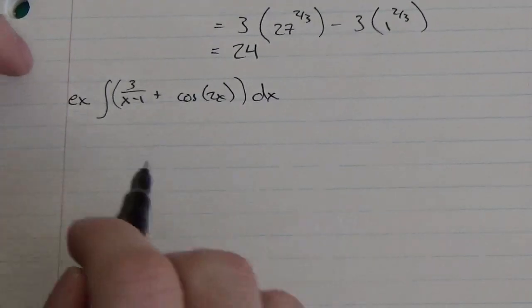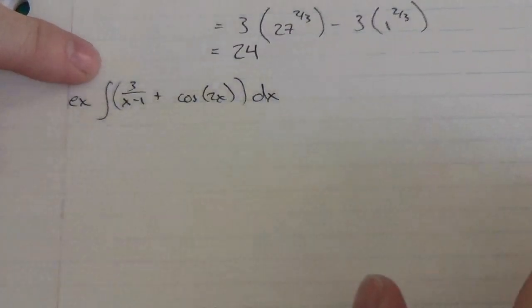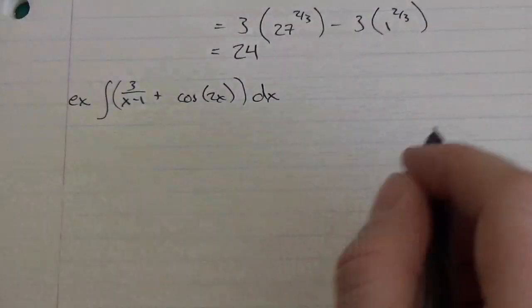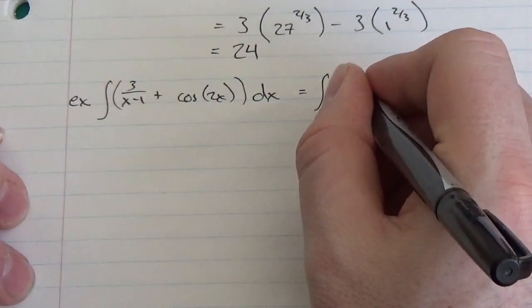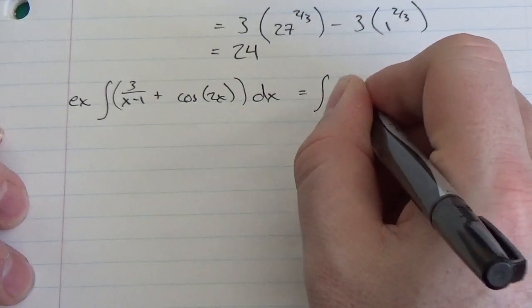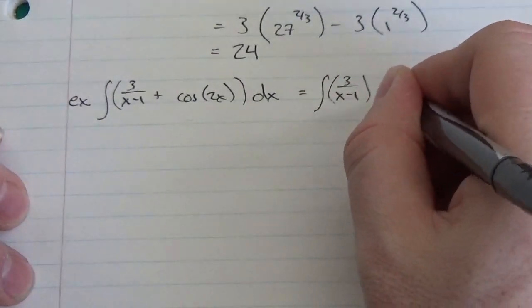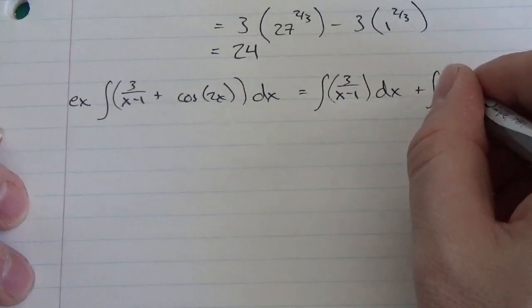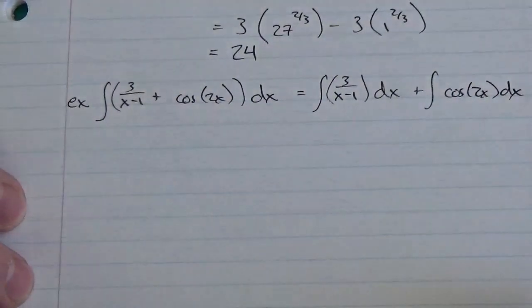Okay, in this question, I notice right off the bat that this is an indefinite integral, so I'm going to have a plus c at the end here. There's no limits. What I'm going to do here, though, is split this up into two different integrals. So this will be the integral of 3 over x minus 1 dx plus the integral of the cosine of 2x dx.